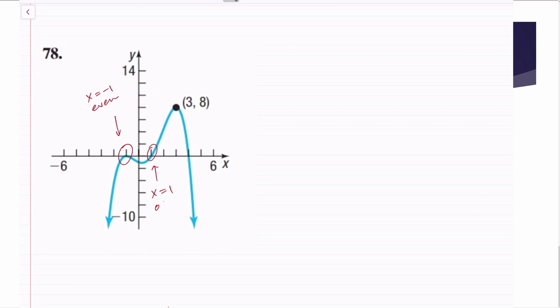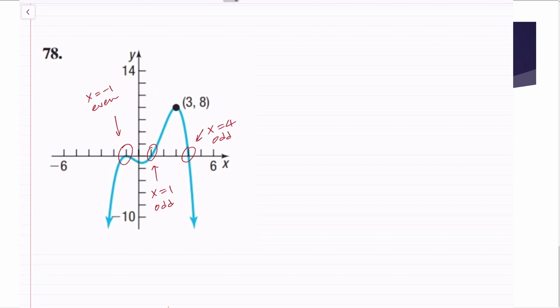That's got odd multiplicity because the graph just punches through the axis. And then I have another one right there, and that is at x = 4, and that also has odd multiplicity. And so if you consider that the minimum necessary multiplicity for the root at -1 could be 2, and then the multiplicity for the other roots could be 1 at minimum, you're looking at, again, a minimum of a fourth degree polynomial here.